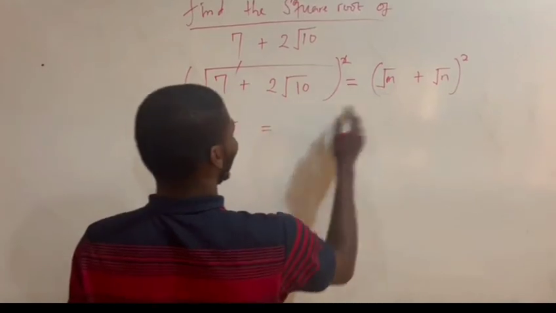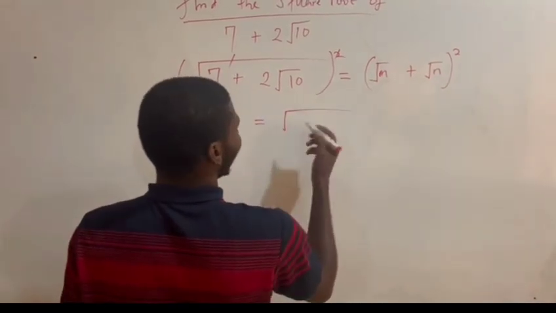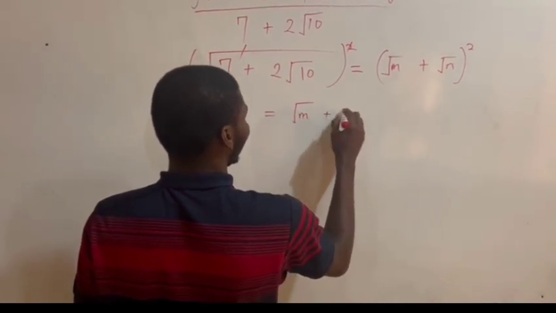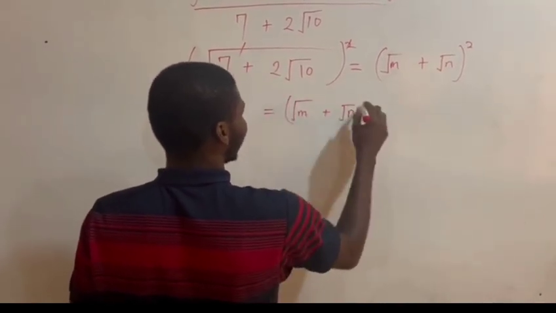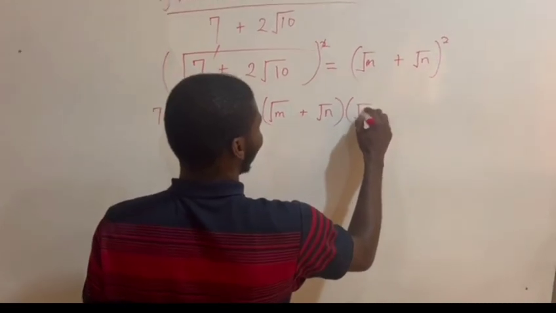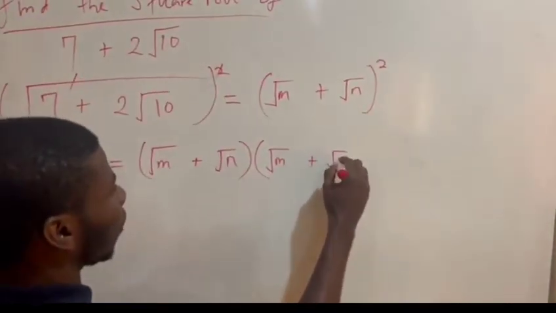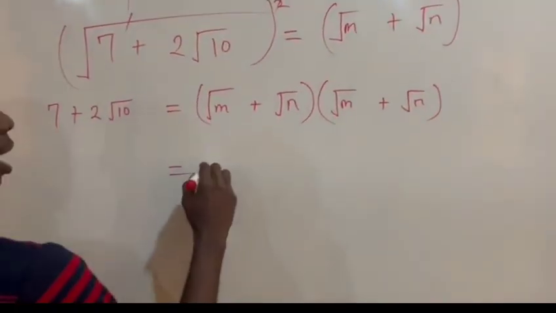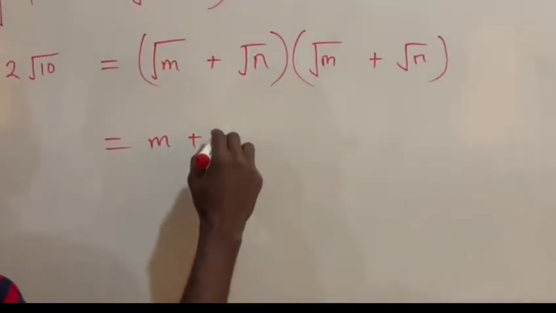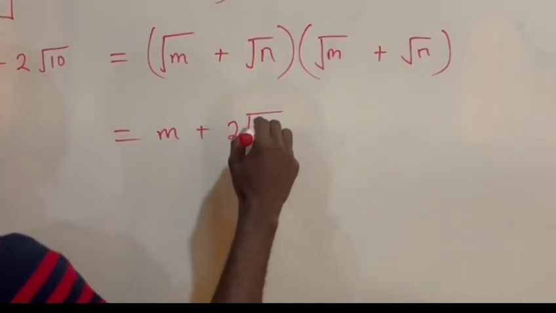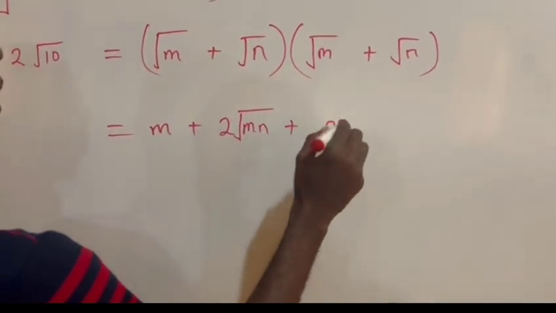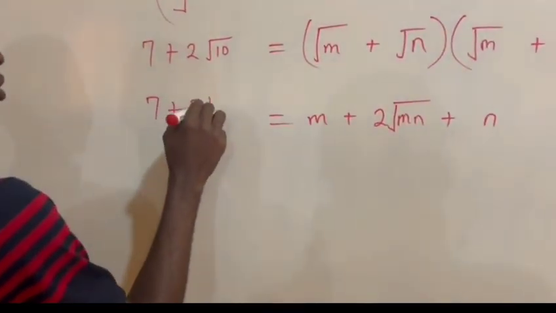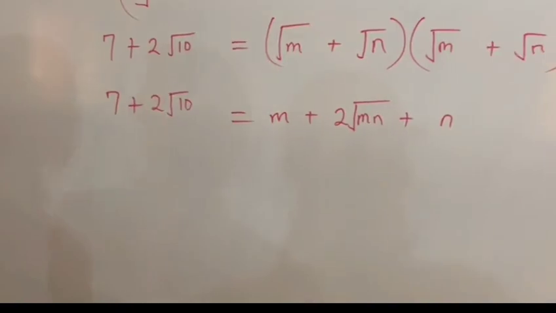And you can simplify square root of m plus square root of n squared. This is the same thing as m plus 2 root mn plus n equals 7 plus 2 root 10.